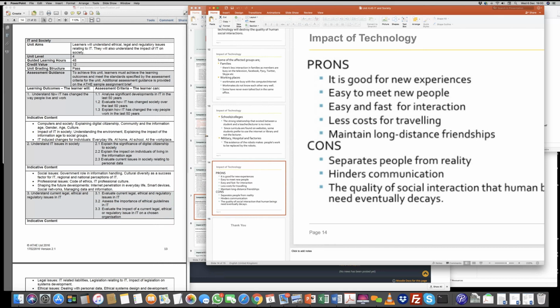Two, how these advancements have changed the society in terms of us consuming information, producing information, and distributing information. And three, what are the impacts of these changes in technology in particular on our personal and work lives.